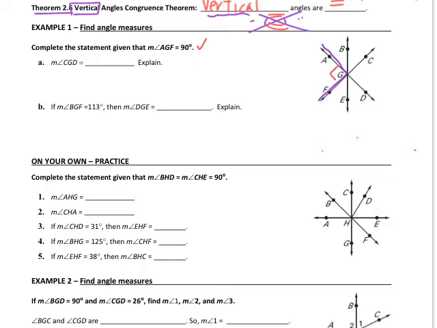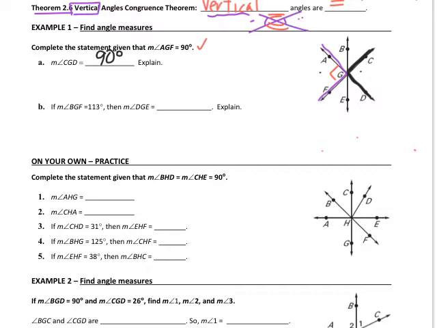All right, CGD is this angle here. And if we look real carefully, it looks like that forms a vertical angle. So in other words, angle AGF and angle CGD would be the exact same measure. So let's just go ahead and write in 90 degrees. And then we need to explain.